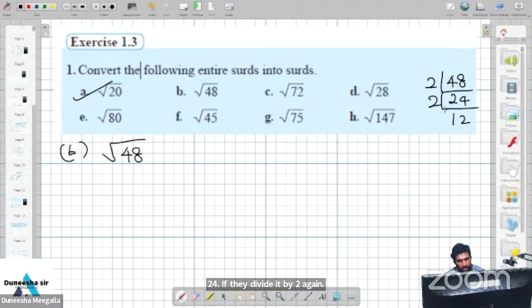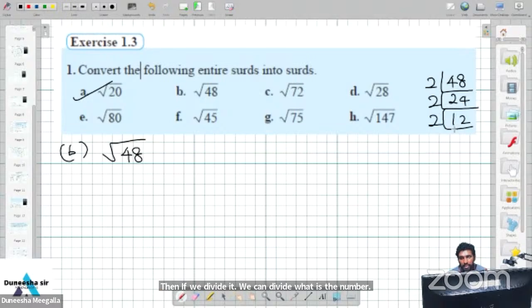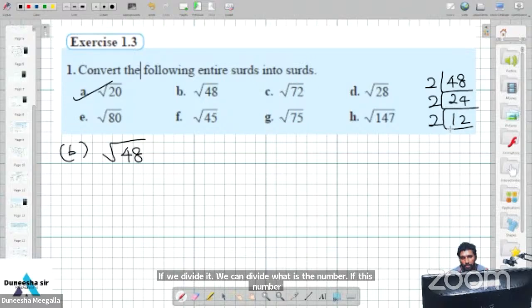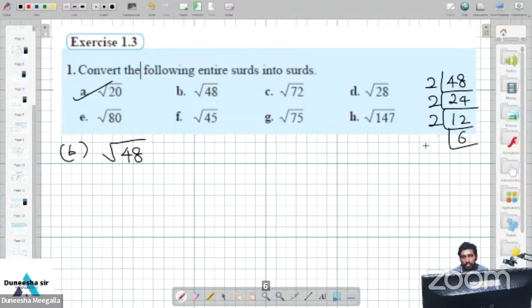Then if we divide it, what is the least number we can divide by? 2. Then 6, again divided by 2, gives 3. Then 3 divided by 3 gives 1.